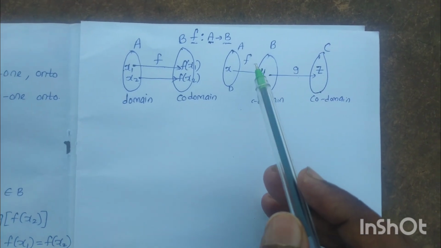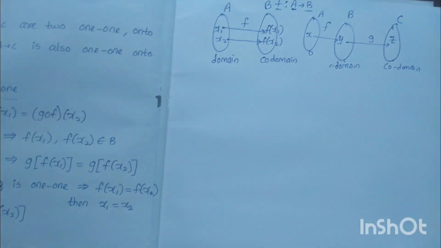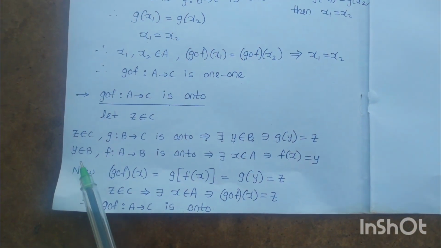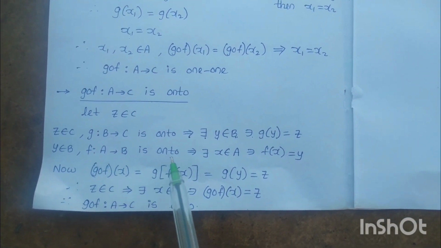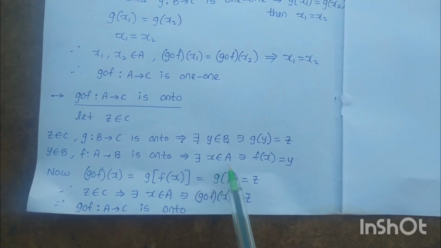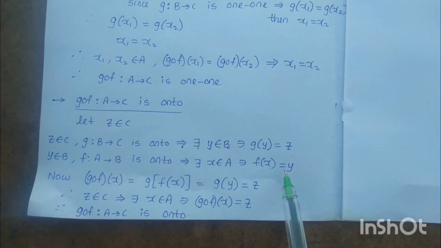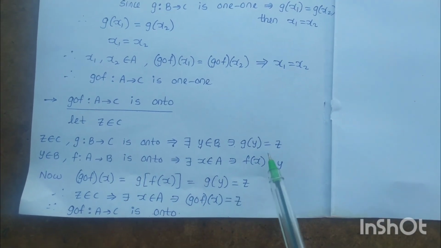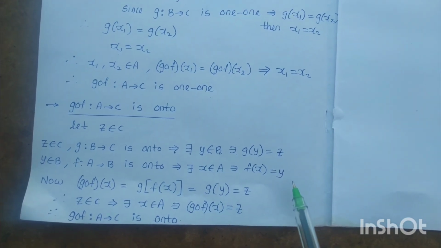Similarly, you can write f of x is equal to y. So that's why here we have written y belongs to B. Whenever f maps A to B is an onto function, that implies there exists x belongs to A such that f of x is equal to y. Whenever g and f are onto functions, you can write like this: g of y is equal to z, f of x is equal to y.